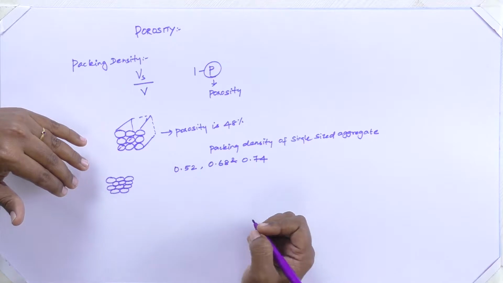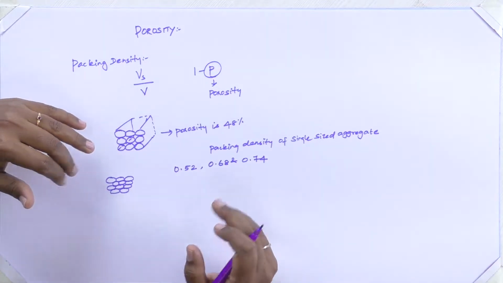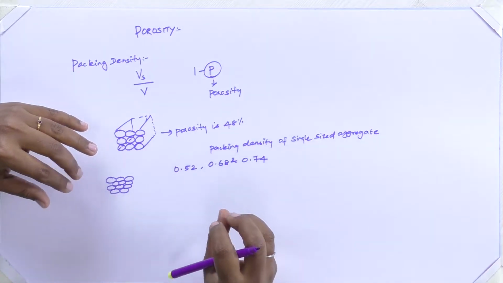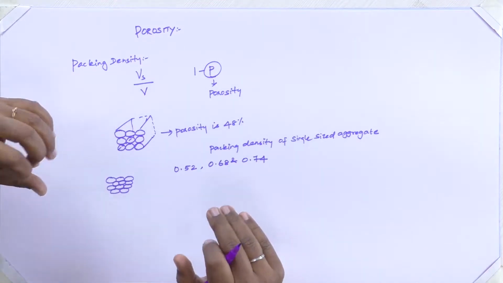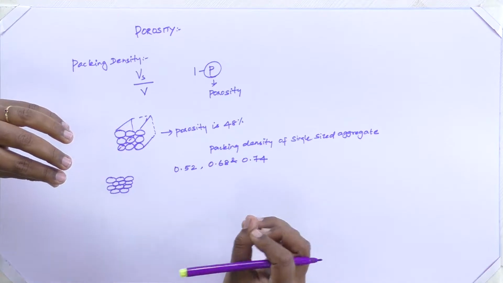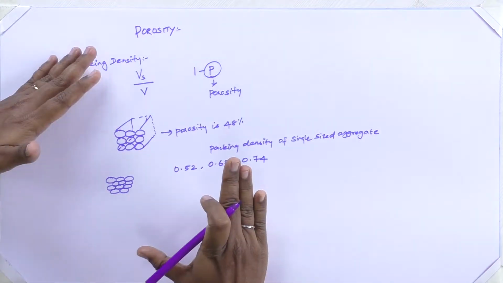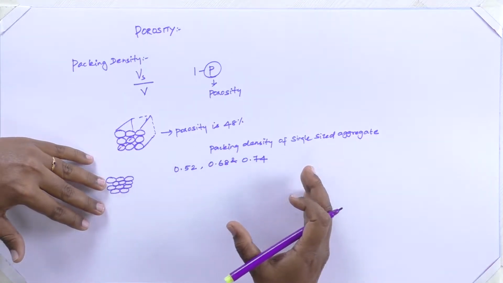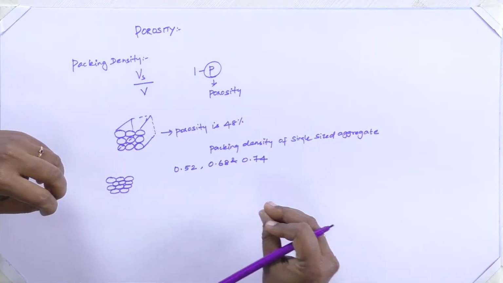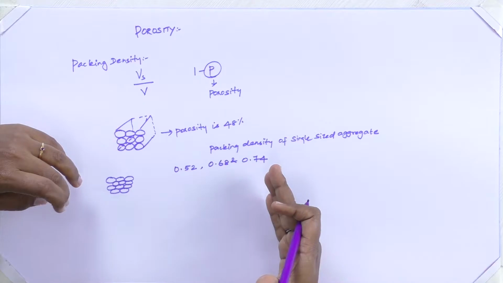That will be reduced when we go for multinary mixtures. Our packing density increases when we are using different sizes of aggregates, based on the proportions in which we are using them in our concrete.